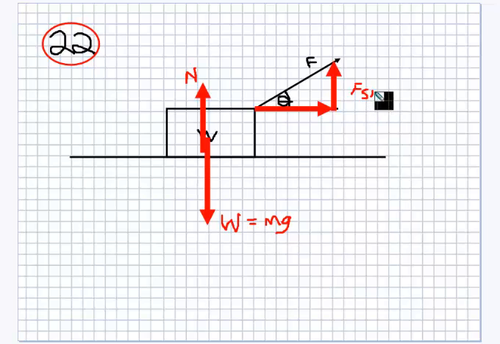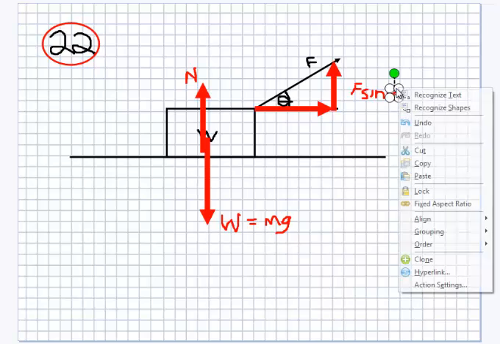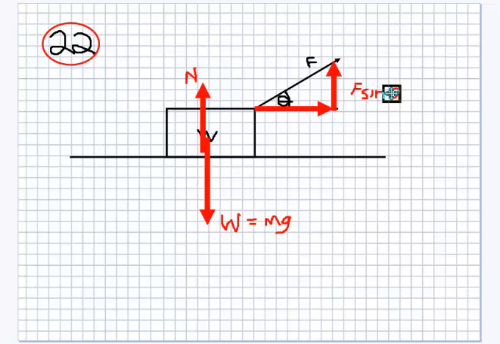And if we look at the y direction, we can see three forces at play. Two positive forces and one negative force. So in the y direction, we can say F net equals ma, but ma will equal 0 since there is no acceleration in the y direction.